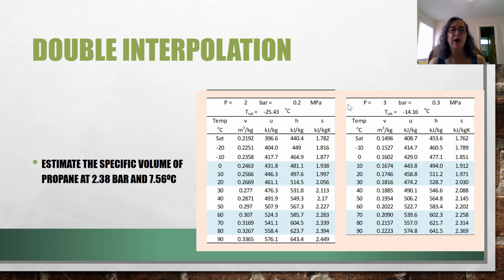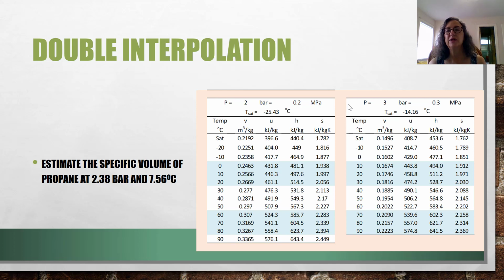So first I might estimate for pressure of 2 bar what is the specific volume at 7.56 degrees C using interpolation. And linear interpolation on high quality data is probably fine.